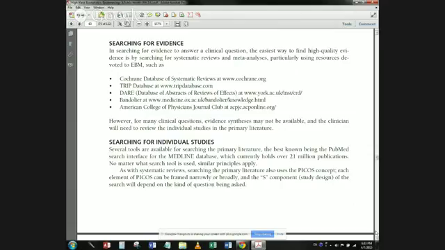However, for many clinical questions, evidence syntheses may not be available, and the clinician will need to review the individual studies in the primary literature.